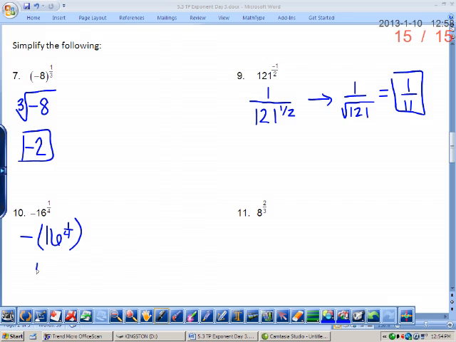The fourth root. The 4th root of 16. The opposite of that. What is the 4th root of 16? 2. So this is negative 2.